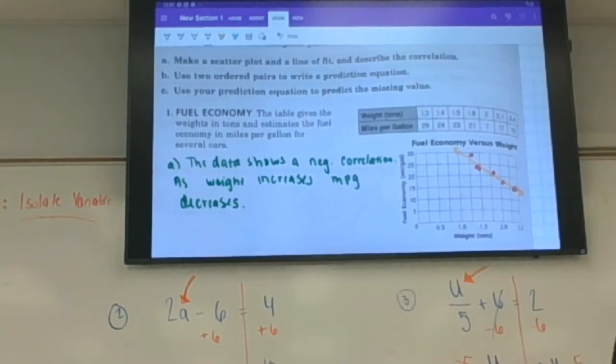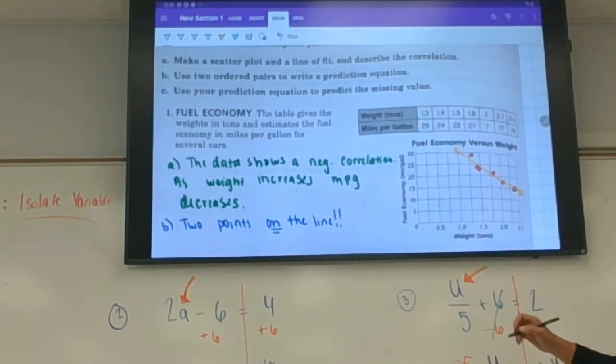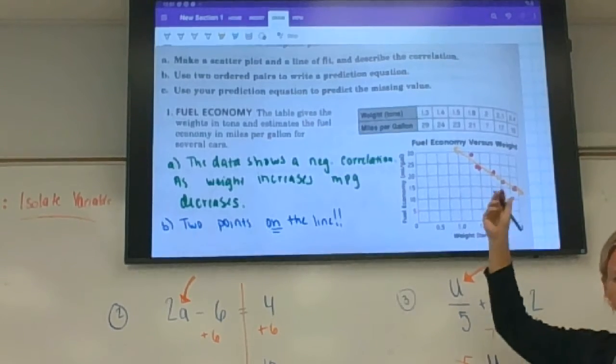So now I need two ordered pairs on my line. It's not 2 points in the data set, it's 2 points on my line. Okay, people mess this up, so I'm exclamation pointing this. Yeah, your points are going to be different than mine.